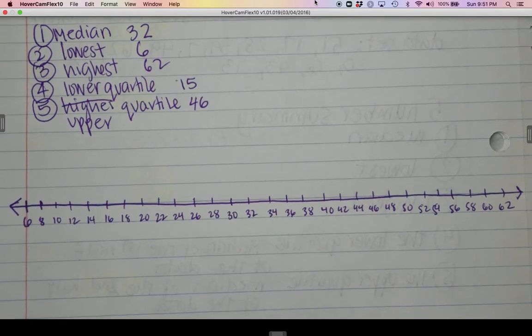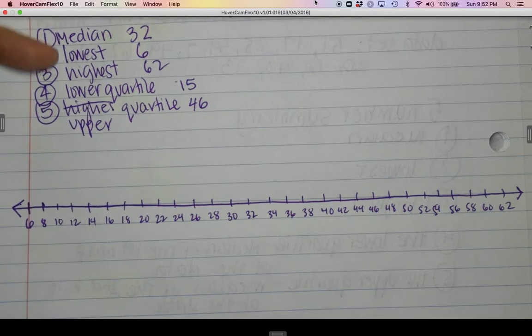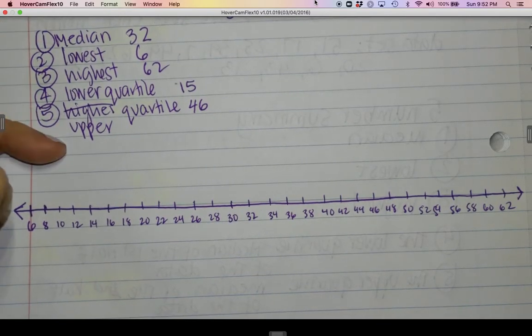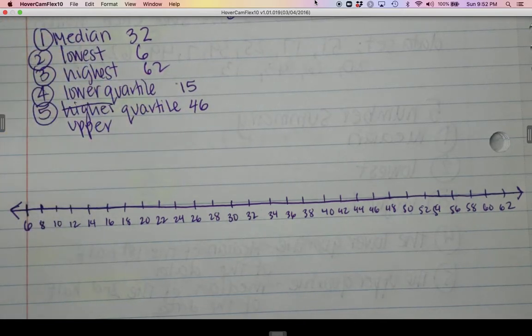And because my spread is so big, sometimes it helps to count by twos or fives, depending on the numbers that you have. If I look at the majority of the data that I have here in my 5-number summary, most of them are even numbers except for 15, so counting by twos makes sense.